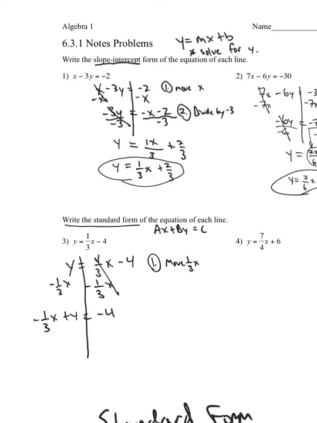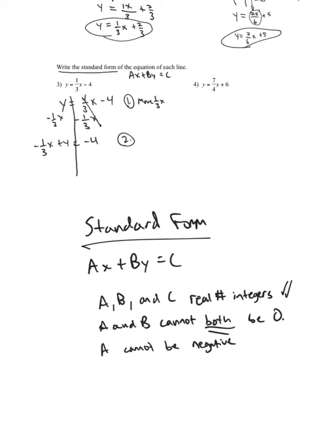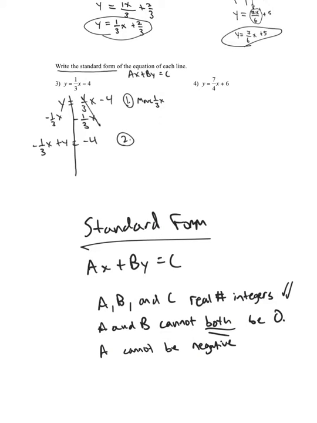Okay? Your second step is going to be, again, if you guys recall from your rules for standard form here, guys, a cannot be negative, it's got to be positive, and we need these as integers, so we also can't have fraction coefficients. Okay?